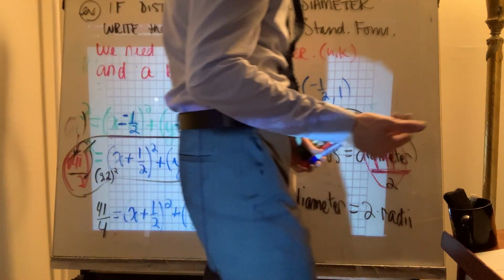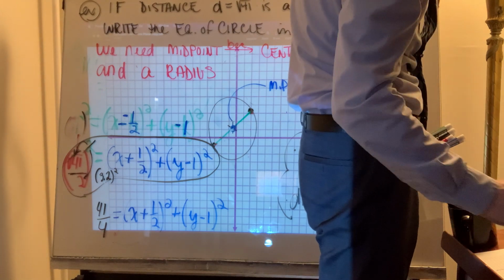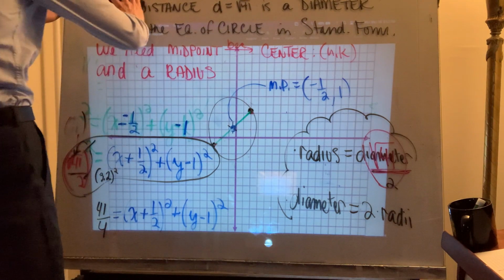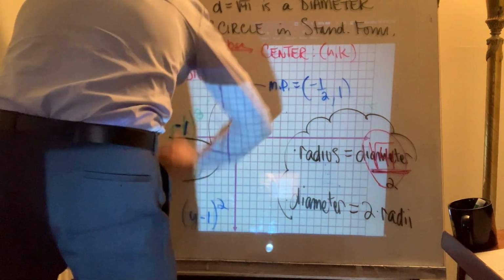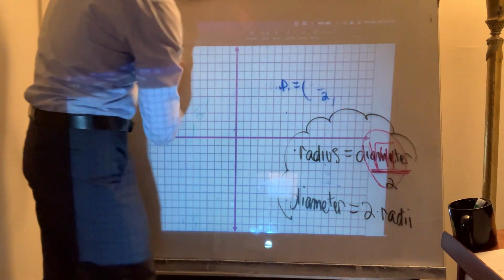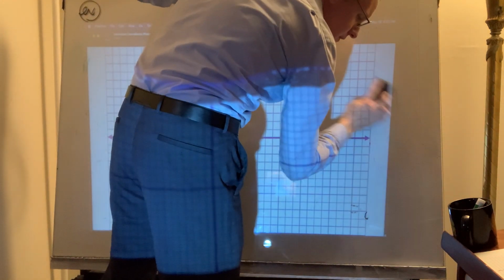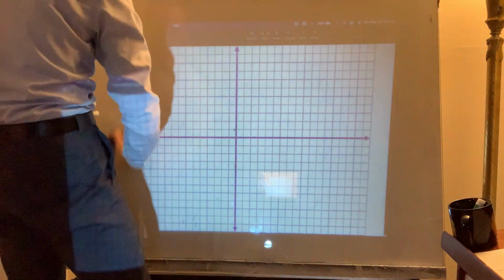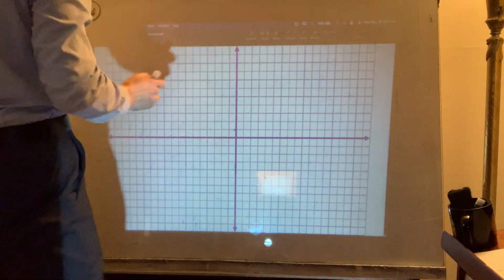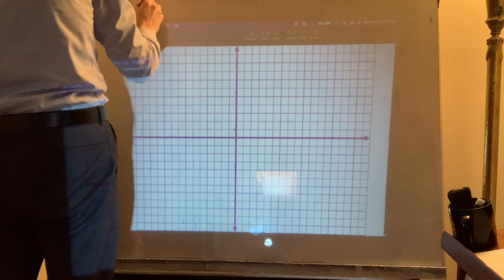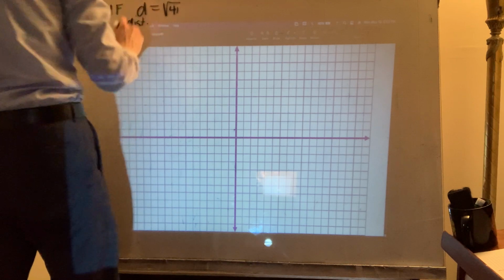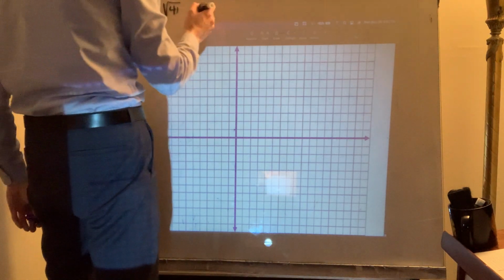All right. Now, one more of these and then I'll stop. What would happen if d, which equals square root of 41, this is a distance, d, right, were a radius instead?